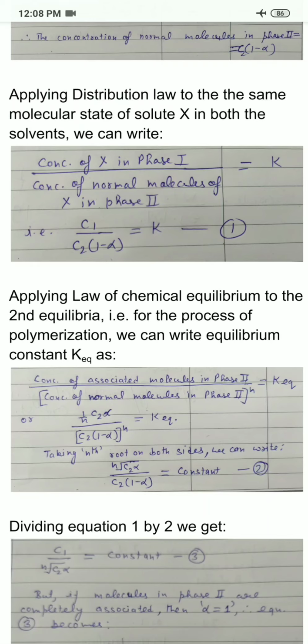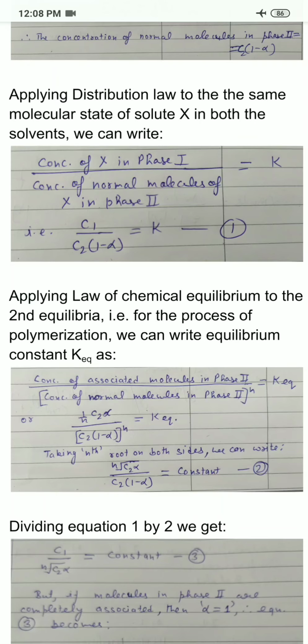Now I can also write it as, because the concentration of associated molecules in phase 2 that I showed you earlier is 1 by n into C2 alpha. So I can write 1 by n into C2 alpha upon C2 into 1 minus alpha, raised to power n, is equal to K equilibrium, that is the equilibrium constant. Now taking nth root on both sides, we can write the nth root of C2 alpha upon C2 into 1 minus alpha is equal to a constant.